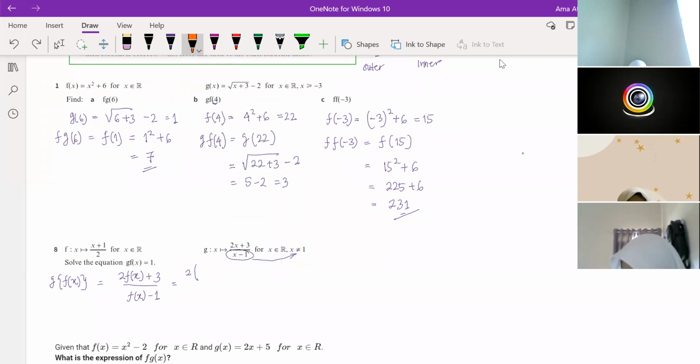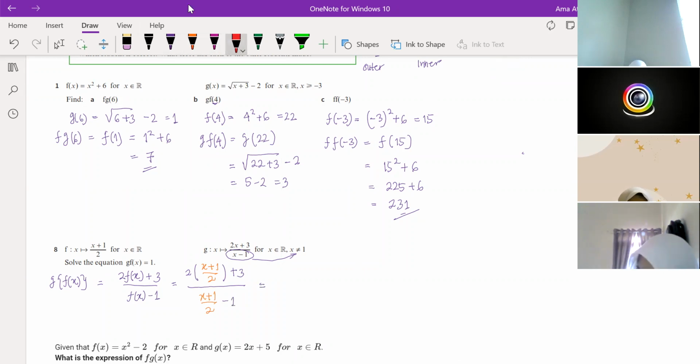Okay, so x plus 1 over 2, and then plus 3 over x plus 1 over 2, then minus 1. Okay, like this.